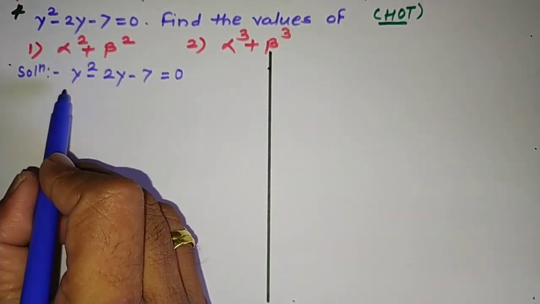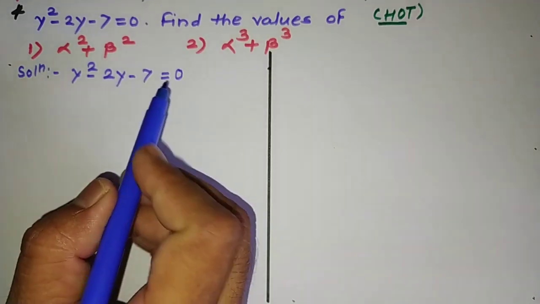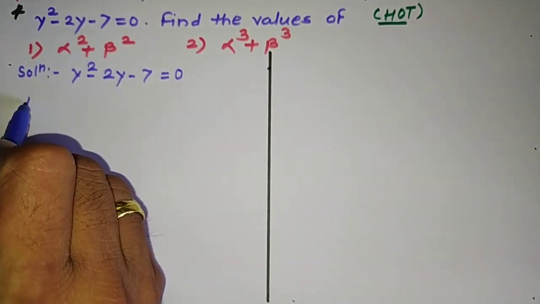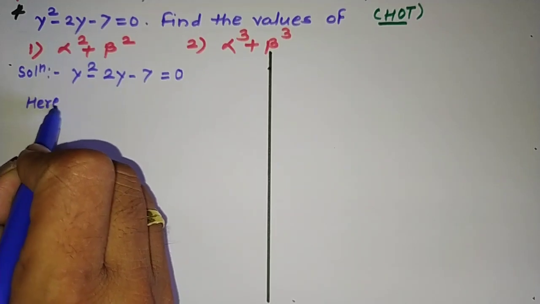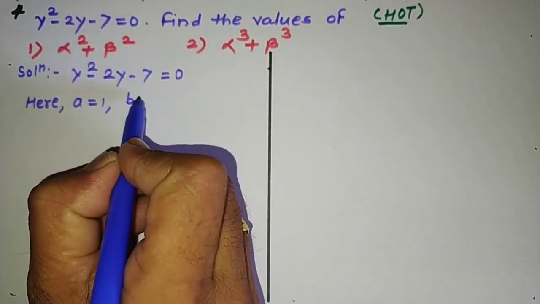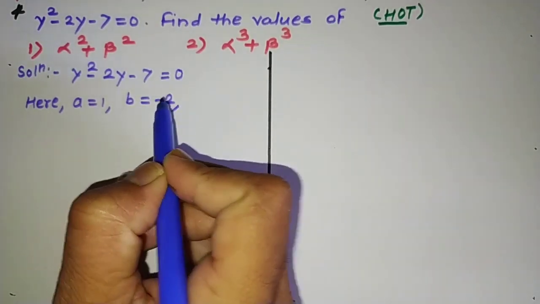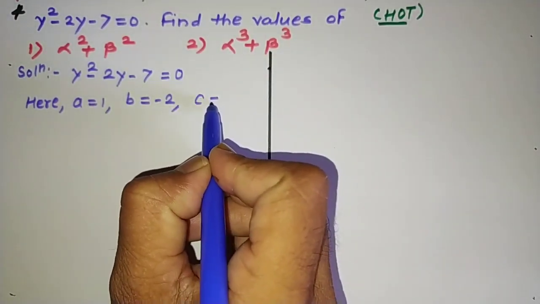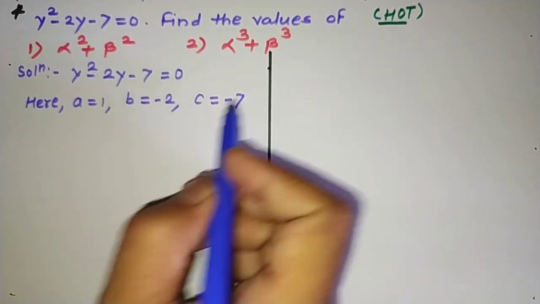Comparing with ay square plus by plus c is equal to 0. Here a is equal to 1, b is equal to minus 2 and c is equal to minus 7.